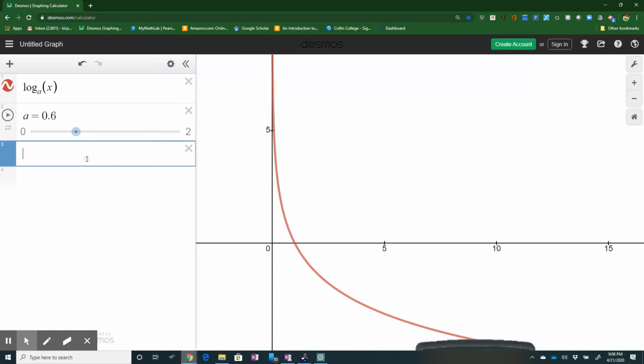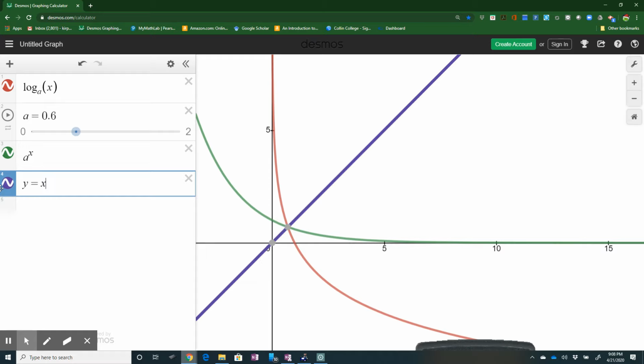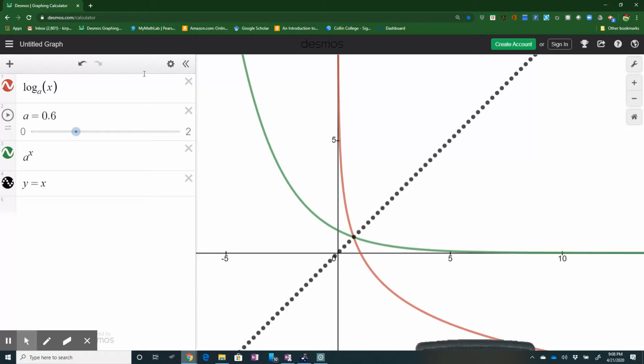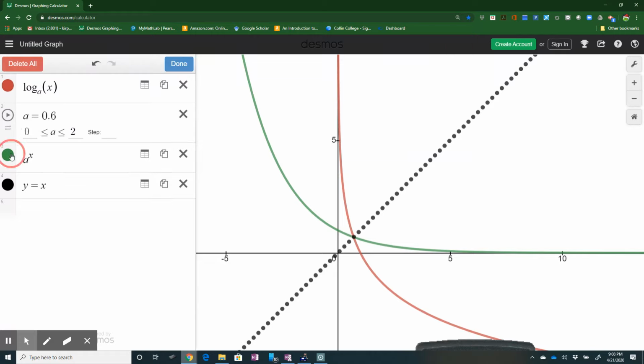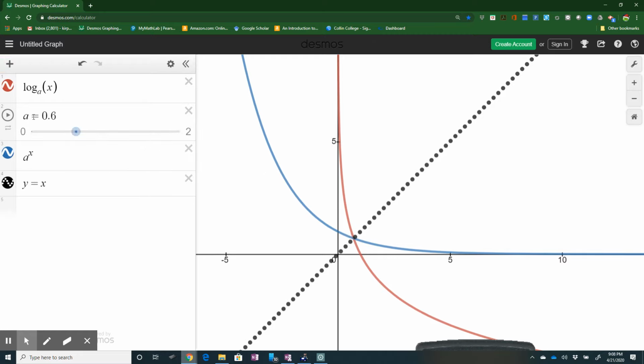And just again to show you the interplay between log and a to the x, remember we were dealing with inverses last week. And so here we go. Let me change the colors up. Yeah, the log is red, the exponential is blue, and I can hit play.